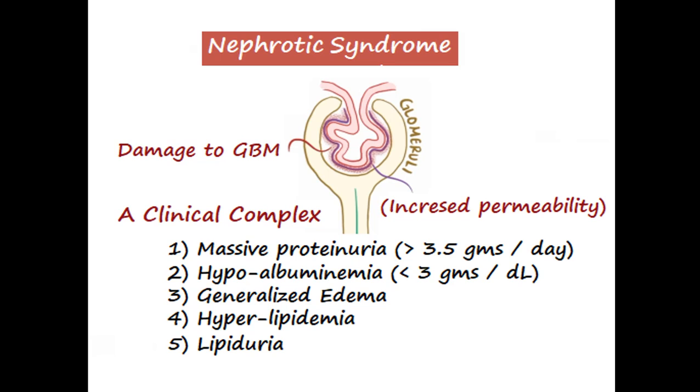In the previous lecture, we discussed that a glomerular disease that damages the glomerular basement membrane leads to increased permeability, particularly to proteins. If only albumin is filtered into the filtrate that will then pass in the urine, then we say this is selective proteinuria.